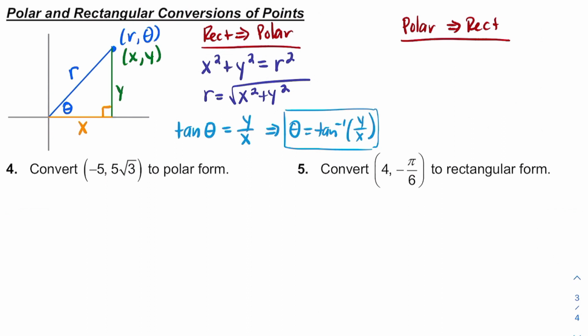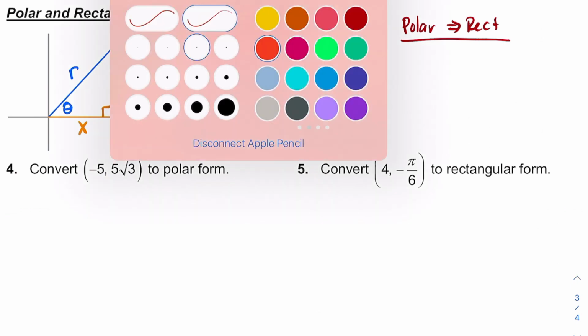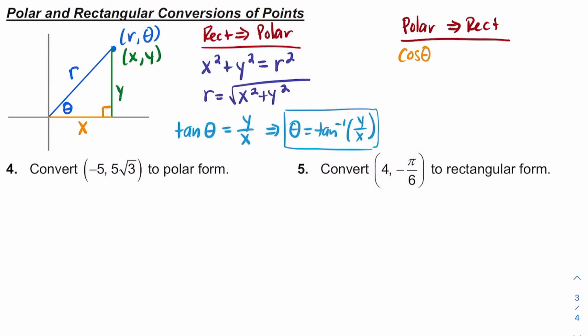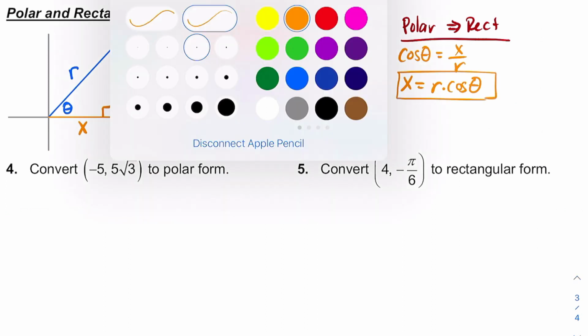So in that case, let's look at just x, theta, and r and think about trig. Well, this is adjacent and this is hypotenuse. That is the cosine. So that means here that the cosine of theta is equal to x over r. Let's solve for x. That makes x equal to r times the cosine of theta. And this is going to end up being a super useful formula here.